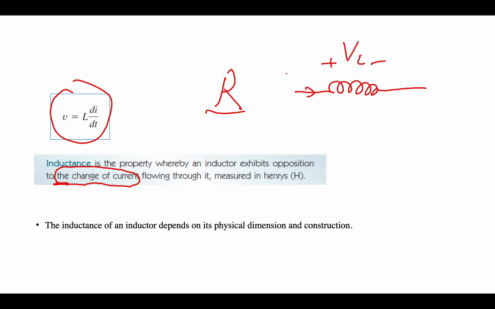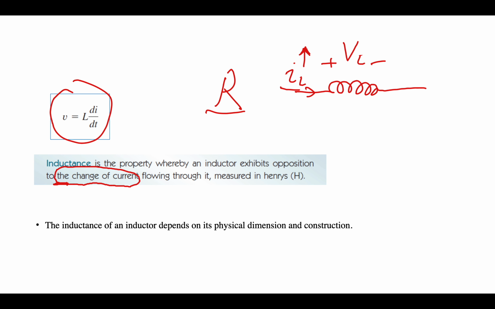So here we have VL, IL. If IL is increasing, we obtain a positive voltage, so that this voltage will oppose the increase of the current.